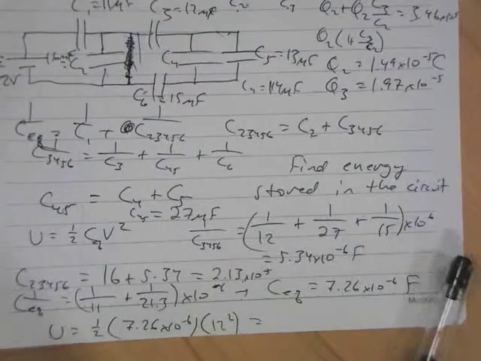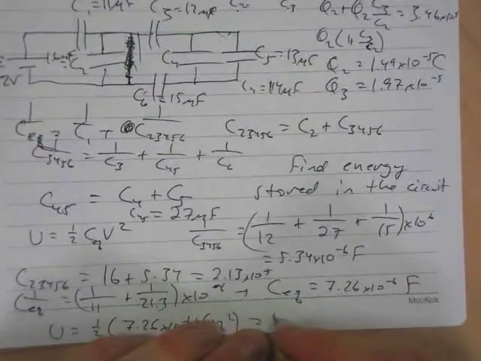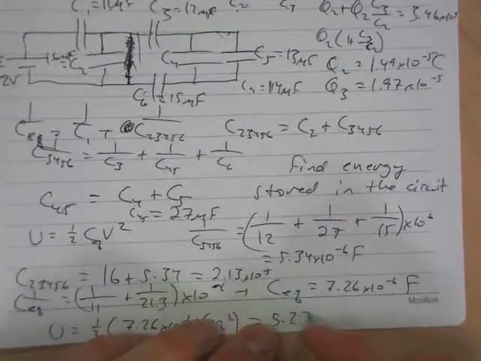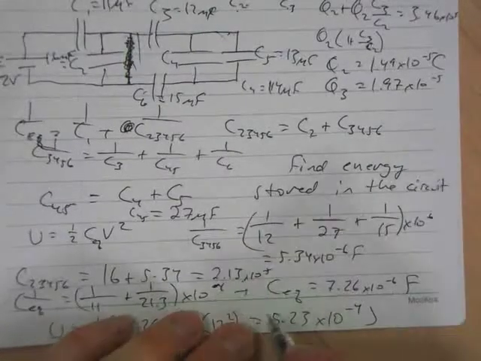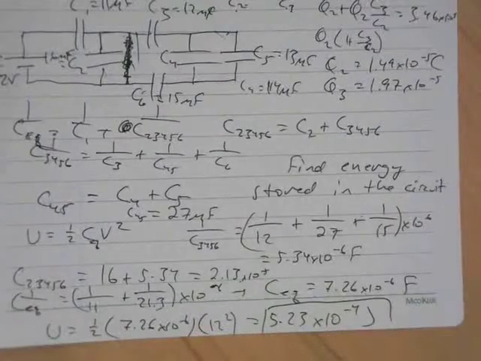And if we punch that in, we get 5.226, call it 5.23 times 10 to the minus 4th joules being stored in the whole circuit.